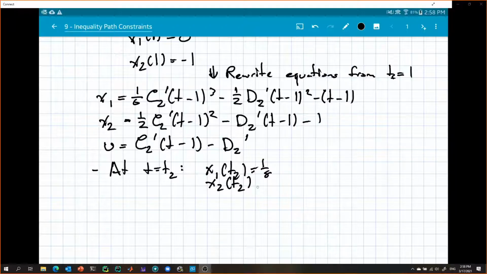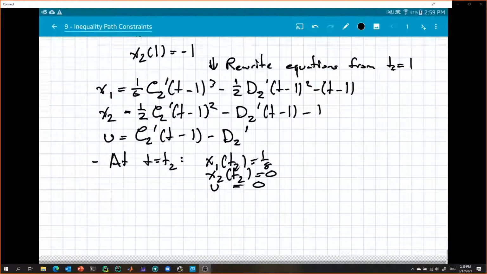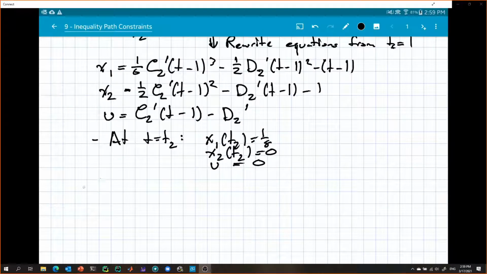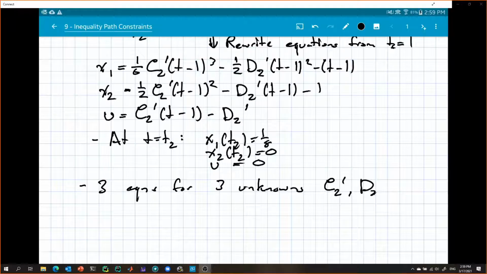And then from the other constraint conditions that hold throughout, we have x2 is equal to 0 and u is equal to 0. So we have 3 equations for 3 unknowns: C2 prime, D2 prime, and T2.